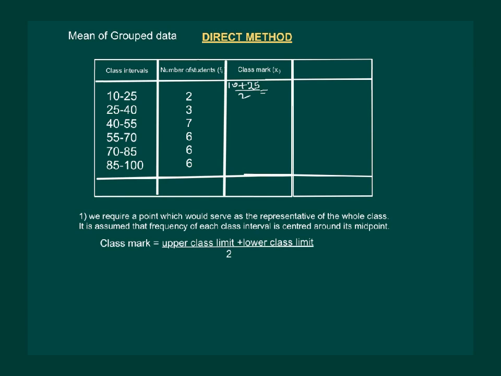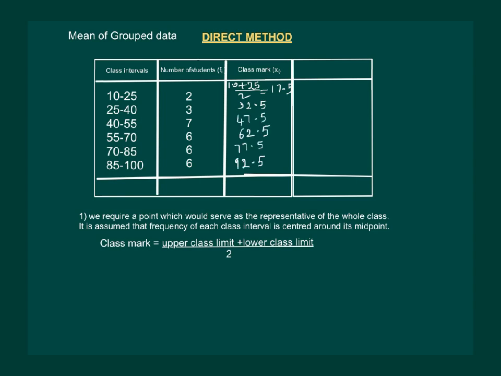We complete the class mark table. We have 10 plus 25 whole by 2, that is equal to 17.5. Next one would be 25 plus 40 whole by 2, that will be 32.5, and so on. Let us complete the column.